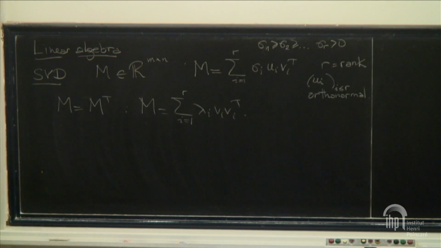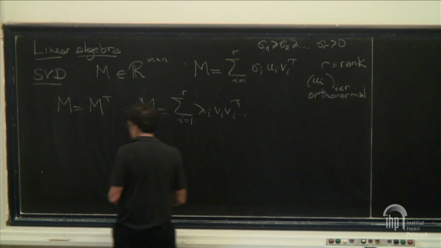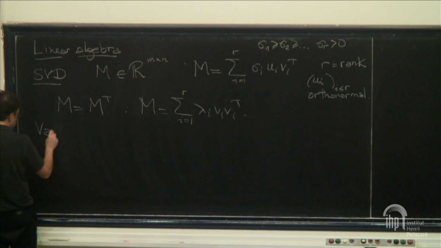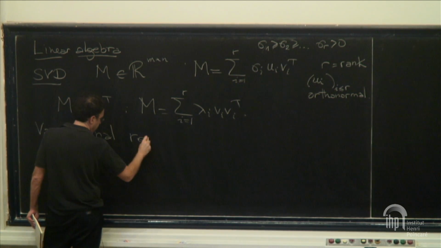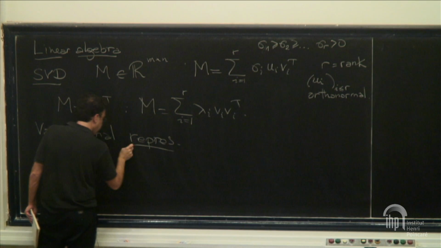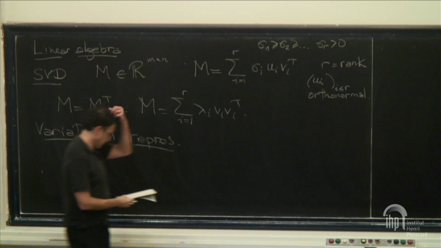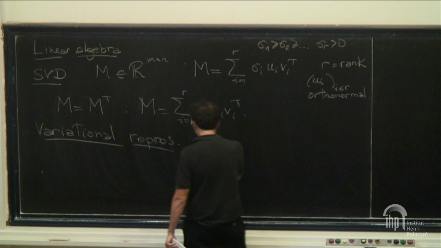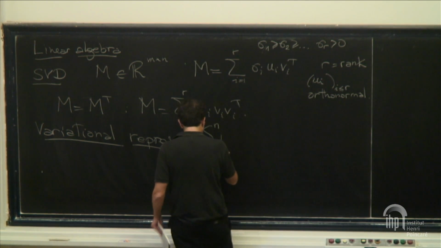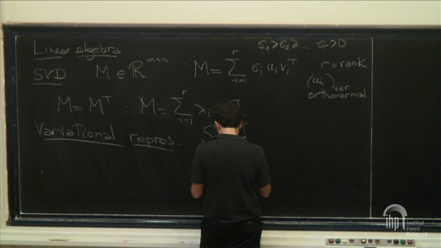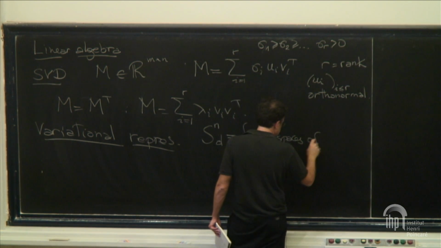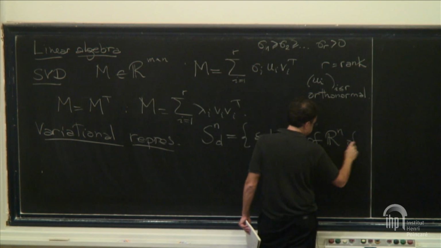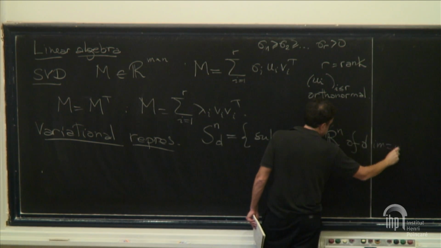Now, the single most important fact about singular values is that they satisfy a variational representation. The representation is the following. Let me define S(n,d): this is the set of all subspaces of R^n of dimension d.